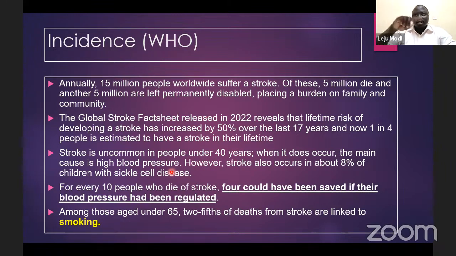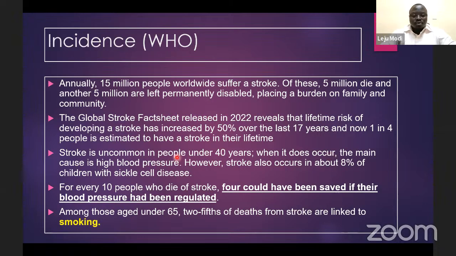For those who know the garden tool called sickle. So the shape of the red blood cell is that kind of a crescent shape, like a moon that has just appeared. So that sickle shape tends to cause problems with the movement of the red blood cell, and it can reach somewhere and stop, like it can no longer circulate, so it can cause a blockage. So it's about 8% of children with stroke. Most of them are those with the sickle cell disease.